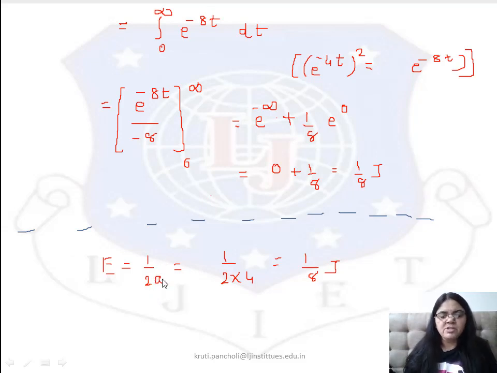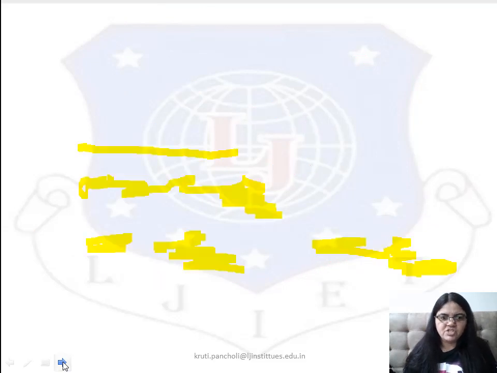So in a multiple choice question, if it is asked what is the energy for the function e raised to minus 4t u(t), you can find the answer simply by considering this: it is 1 upon 2 multiplied by a, where a is equal to 4, so it is 1 upon 8 joule. So this is one way we have verified the answer. This is another way to say that the energy is 1 by 8 joule.